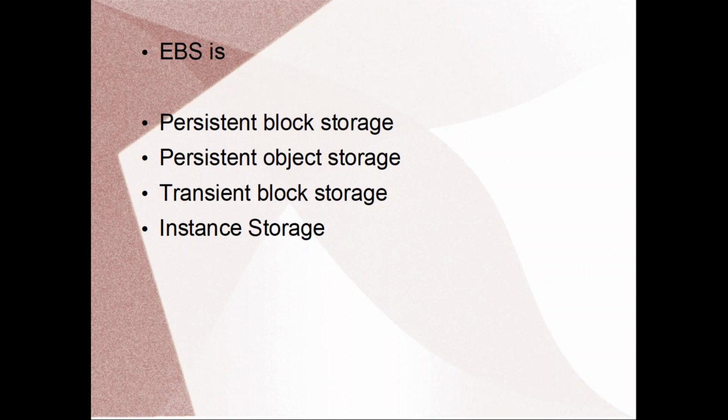So if you have some experience with AWS, you should know that if you shut down and start up an EC2 instance, the data in the EBS stays as it is. So EBS is a persistent block storage. So the answer for this question is 1, persistent block storage, and here it is.